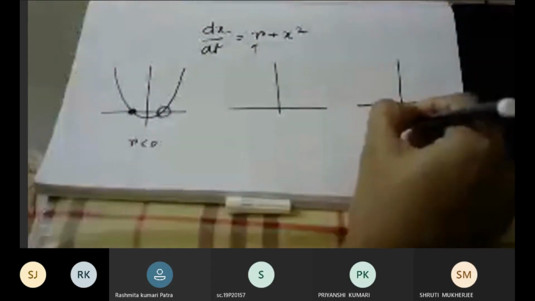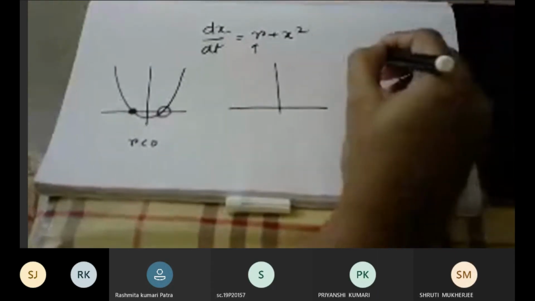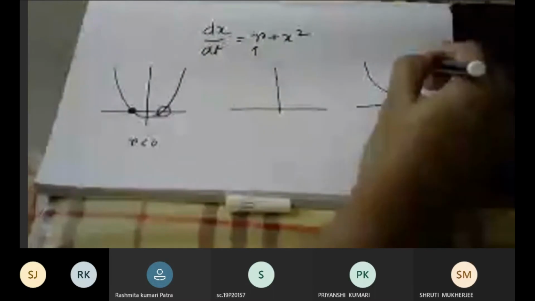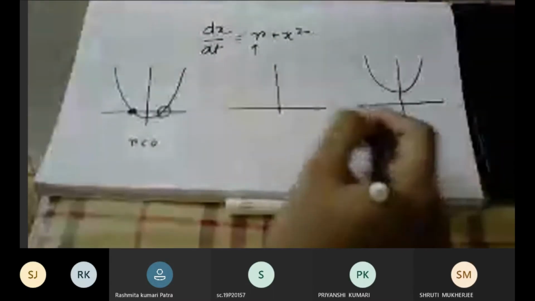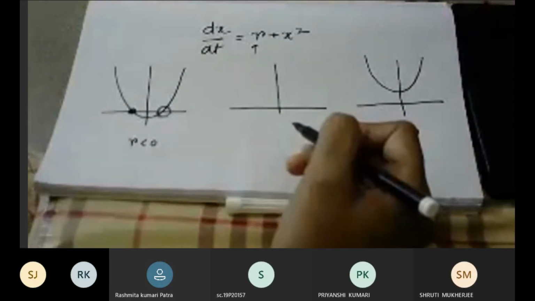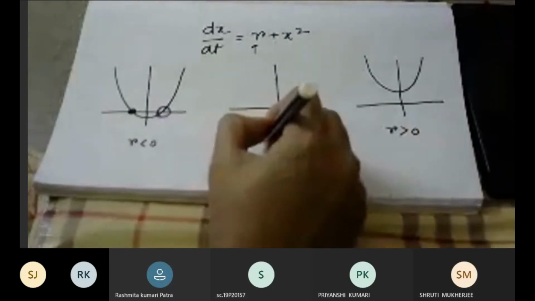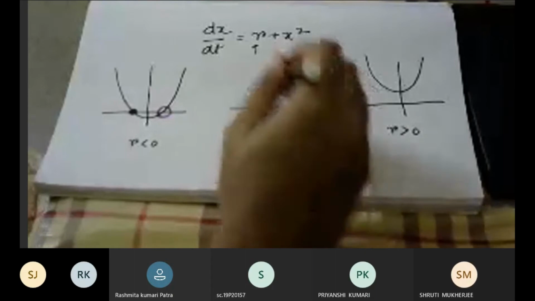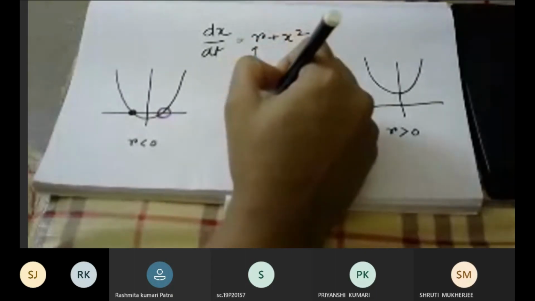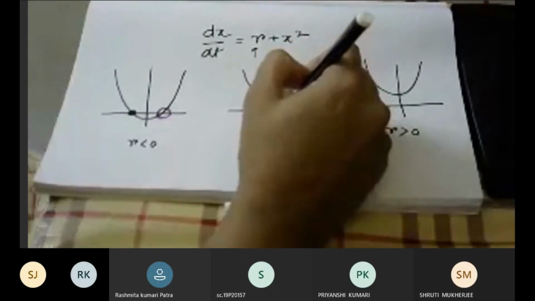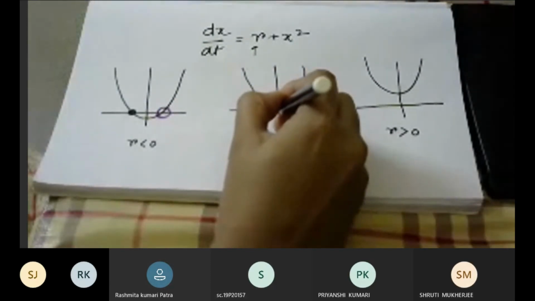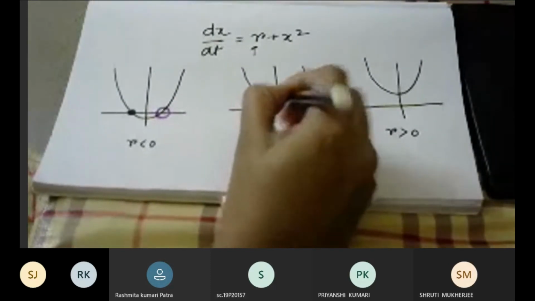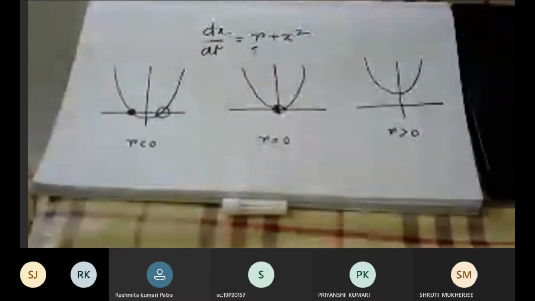Similarly, if I have r greater than 0, then I have a curve which is shifted upwards and there is no fixed point in the system, right? And at r equal to 0, I get the scenario that I have discussed at the very beginning of the half stable fixed point, which is stable on one side and unstable on the other side.